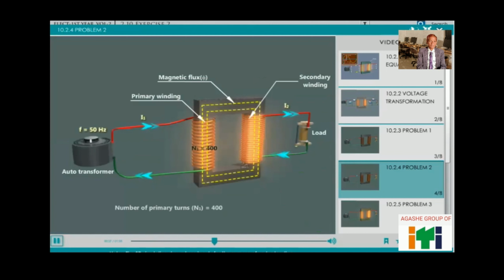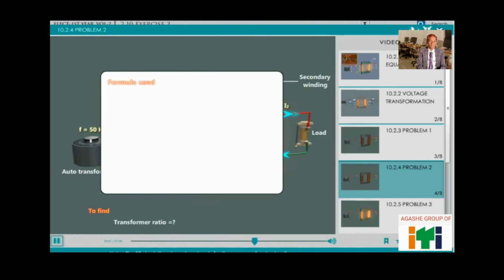Number of primary turns, that is N1, is equal to 400. Number of secondary turns, that is N2, is equal to 1000. To find transformation ratio K. Formula used: transformer ratio, that is K is equal to N2 by N1.